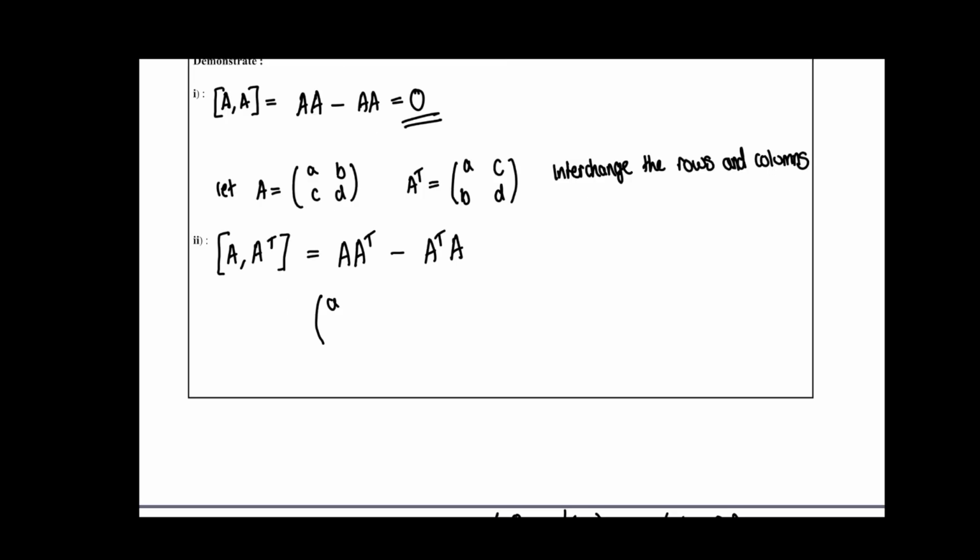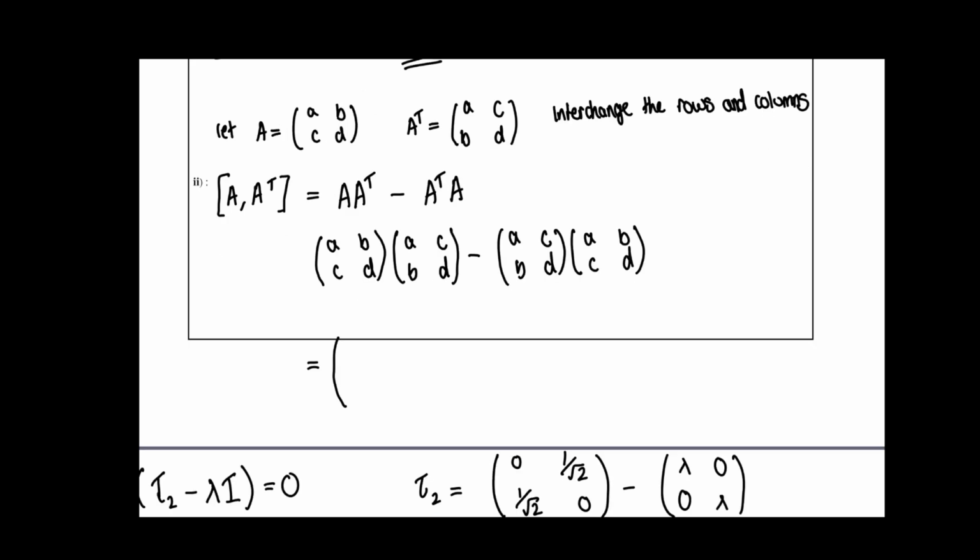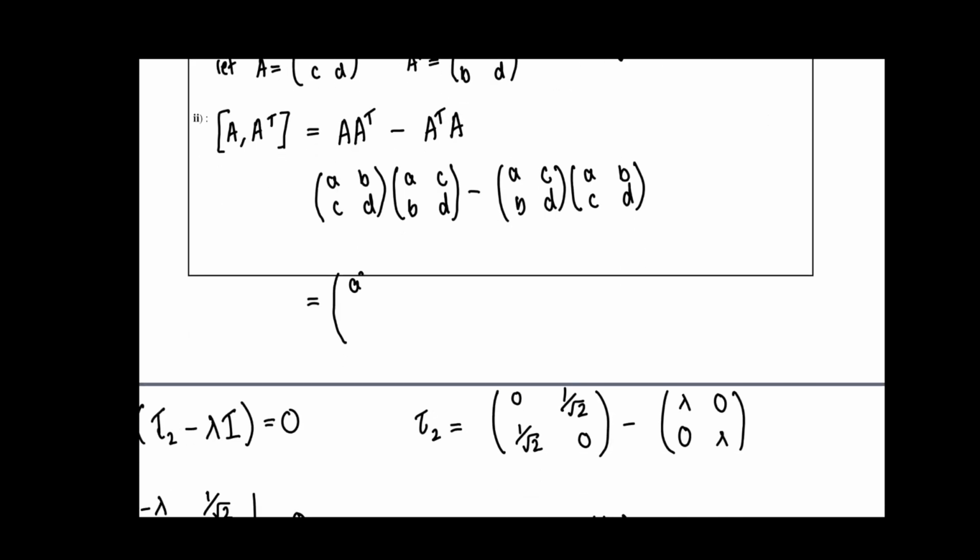If we now write out the commutator, we have to do A multiplied by the transpose of A minus the transpose of A times A. And A is the matrix A, B, C, D. The transpose is A, C, B, D. And we have minus A, C, B, D multiplied by A, B, C, D. When we multiply this out, we get A squared plus B squared, AC plus BD, AC plus DB, and then C squared plus D squared.